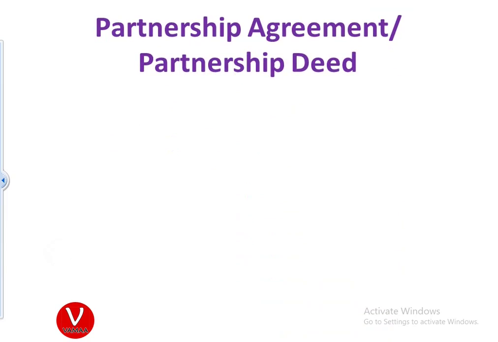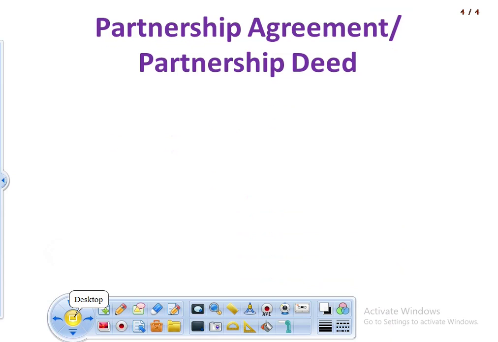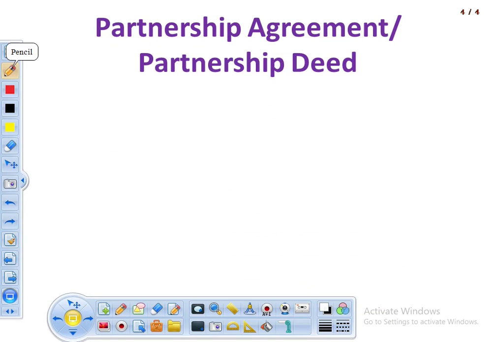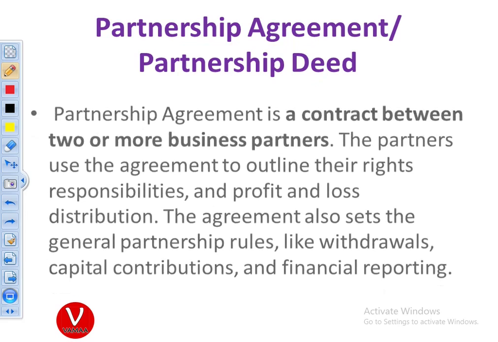So when we enter into partnership, we make partnership agreement, and it is sometimes also known as partnership deed. Okay, so partnership deed is a basic document which will help us to divide profit and losses at the end of the year. So let's look at this one here.